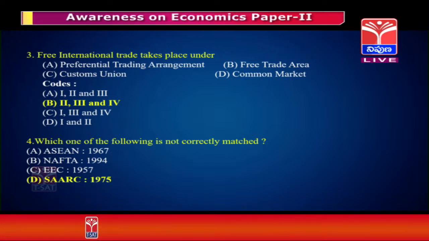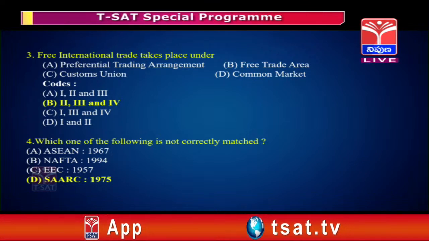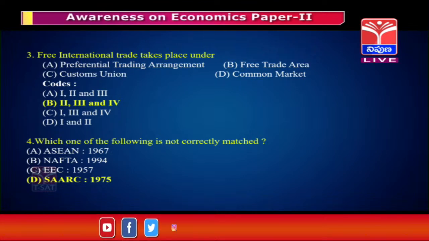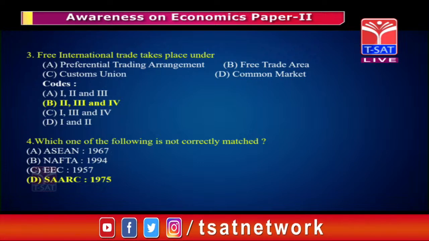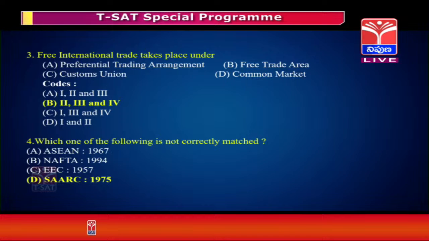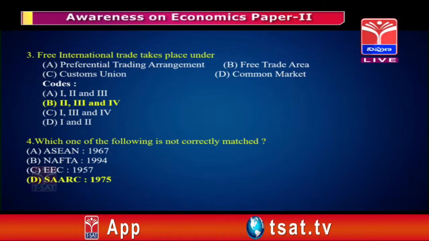Similarly, this is just for the establishment dates. We are asked which of the following is not matched correctly. ASEAN is an economic integration organization formed in 1967. NAFTA is an economic integration organization in North America, formed in 1994.